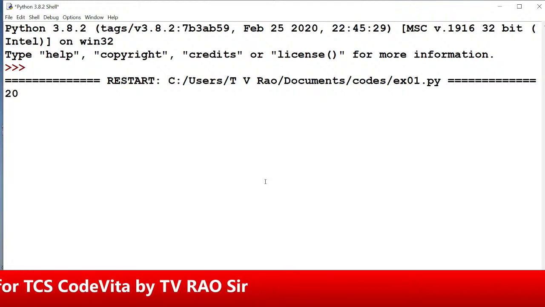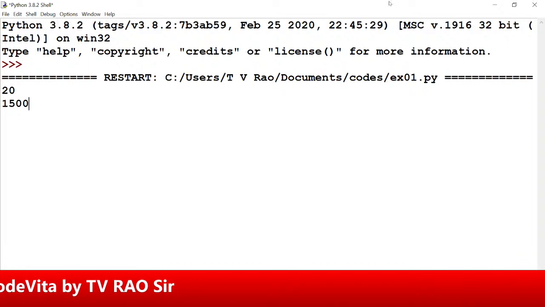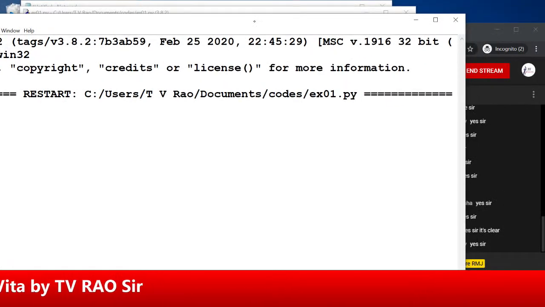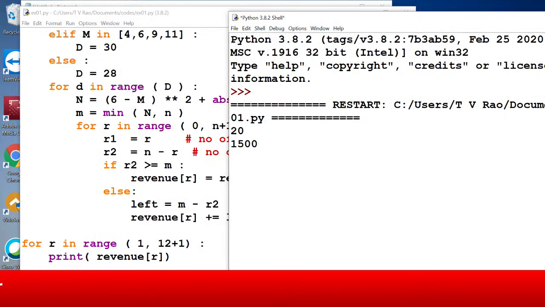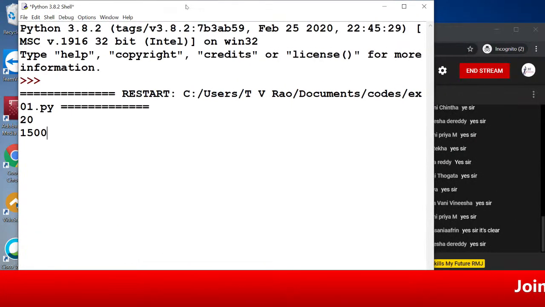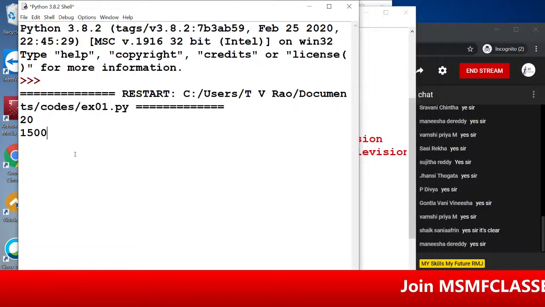20 rooms, 1500 tariff. 1500 is the tariff for rooms with TV. 1000 is the tariff for rooms without TV.